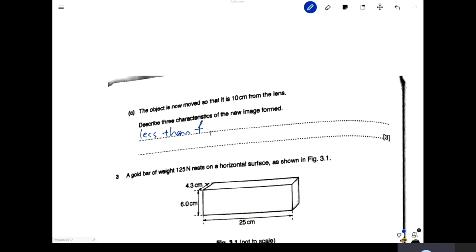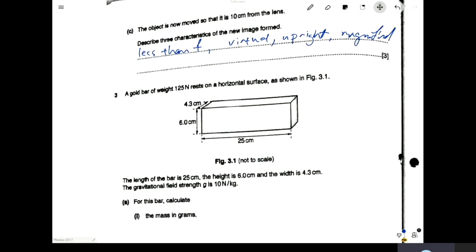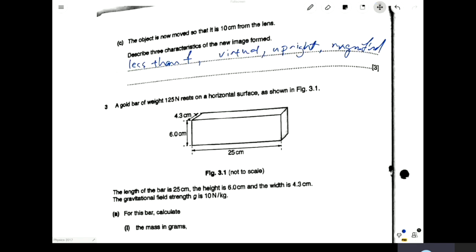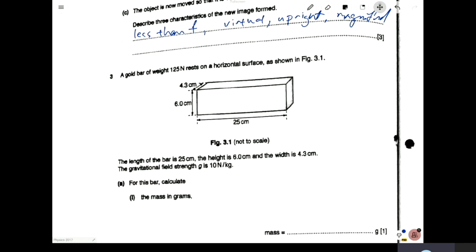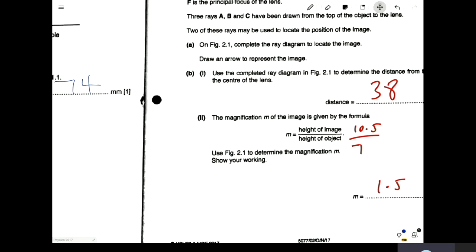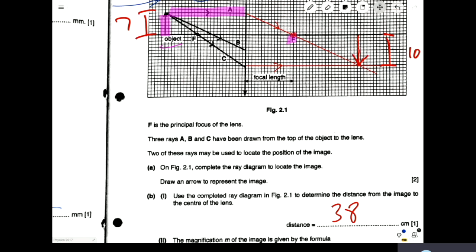So the image is virtual, upright, and magnified. You gotta memorize the characteristics. If not, you can try and draw on the spot. But I think they drew for you, right? Did they draw for you? No, they did not.